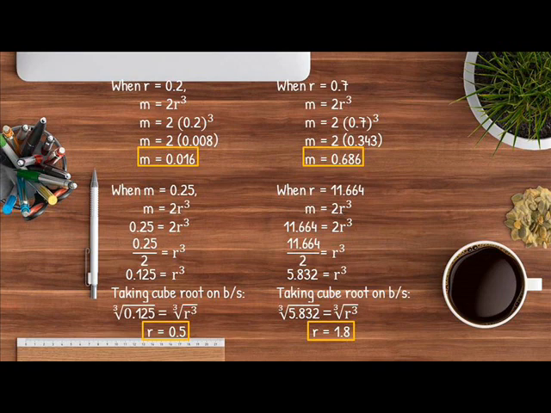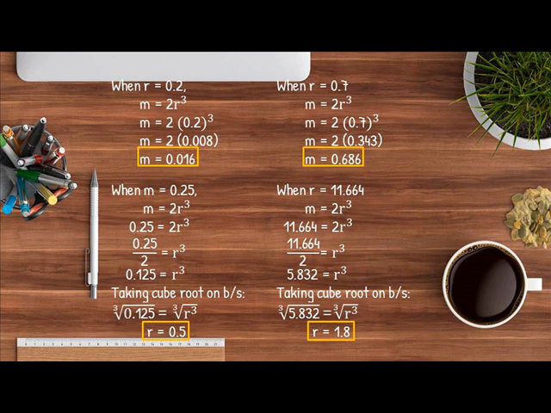So we have 0.25 divided by 2, that equals 0.125. Now we have r cube equals 0.125. Well, we are required to find the value of r and not r cube, so we will take cube root on both sides to find the value of r. Taking the cube root, we have 0.5. That is the final value of r.